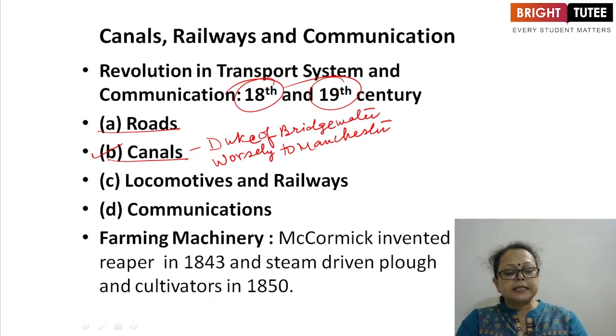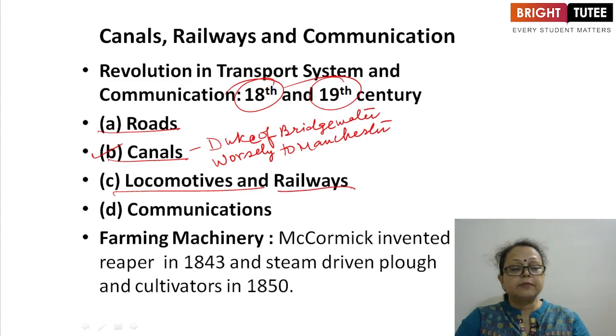For instance, the city of Birmingham owed its growth to its position at the heart of the canal system connecting London, the Bristol Channel, and the Mersey and Humber rivers. So this way, these canals became very important, and their impact was there on the development and growth of industries in England.